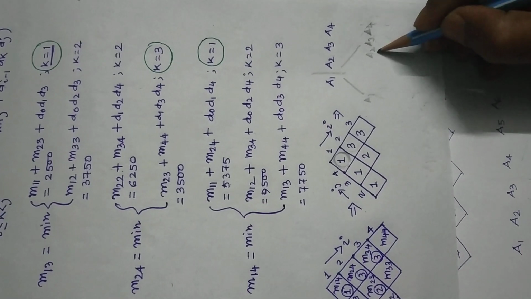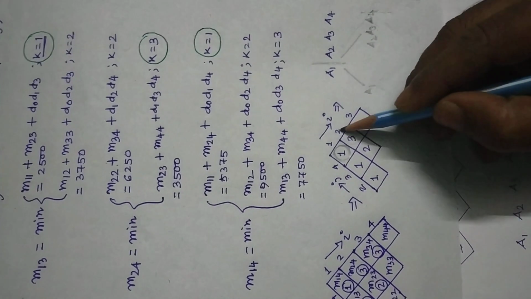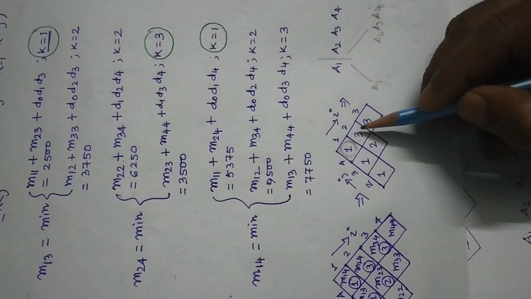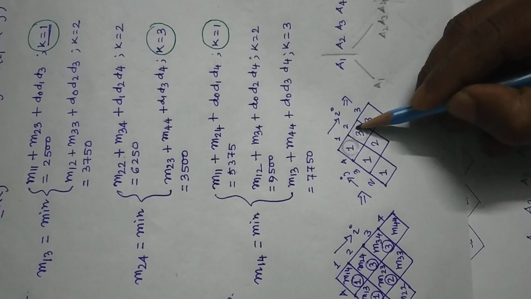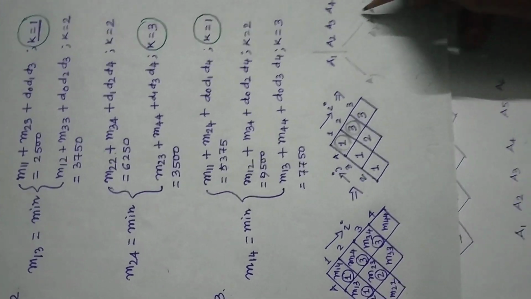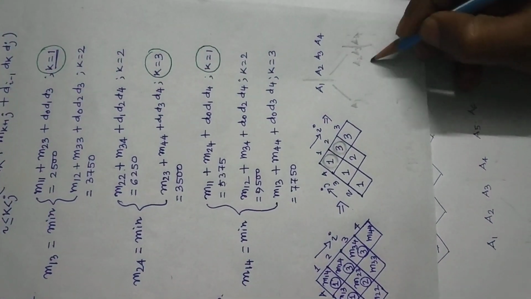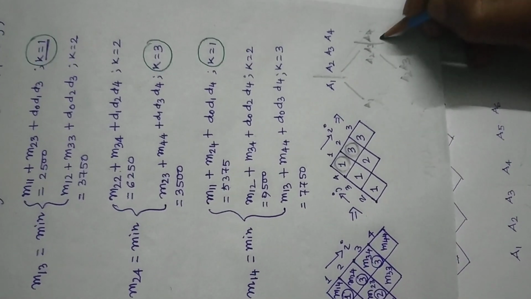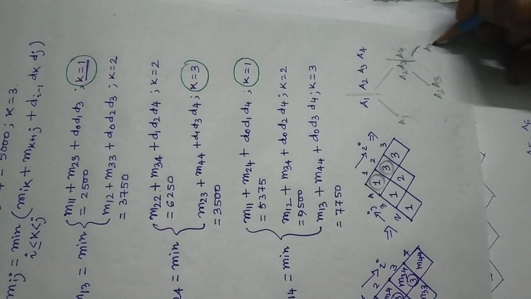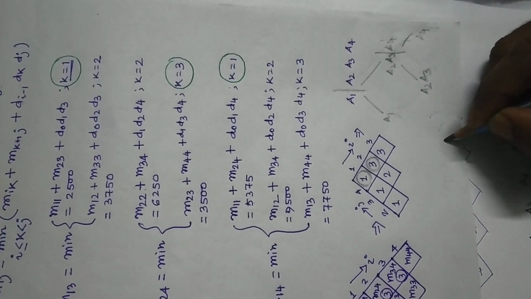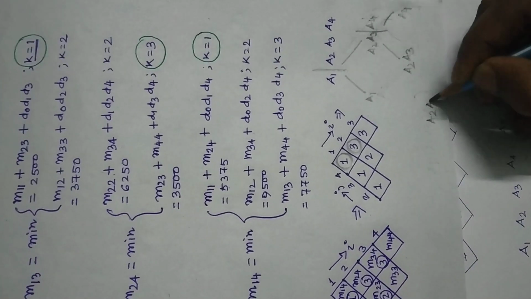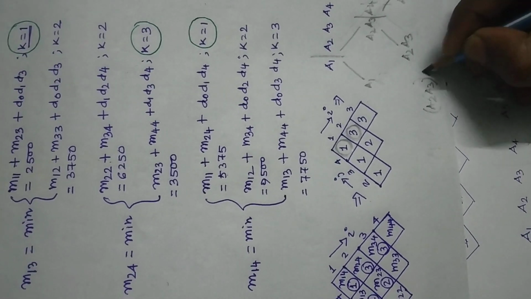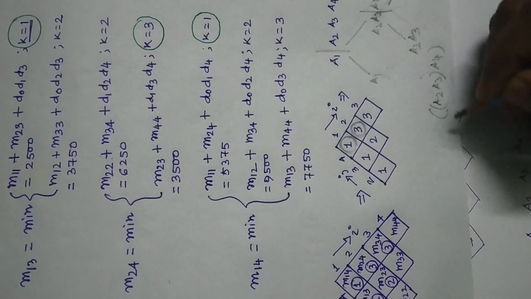Now for the right hand side, 2 to 4, that means this one M24, make a partition after 3. So now it becomes A2, A3 and A4. So in order, first calculate A2, A3, then multiply it with A4 and finally with A1.